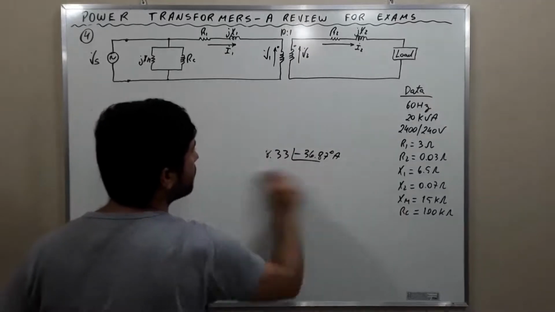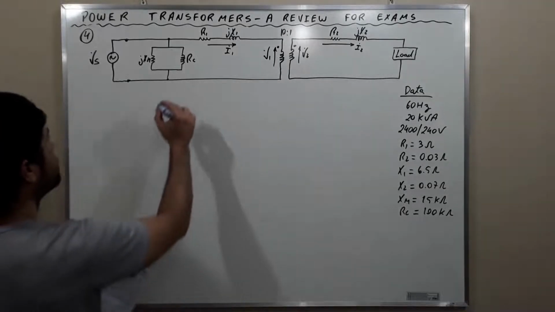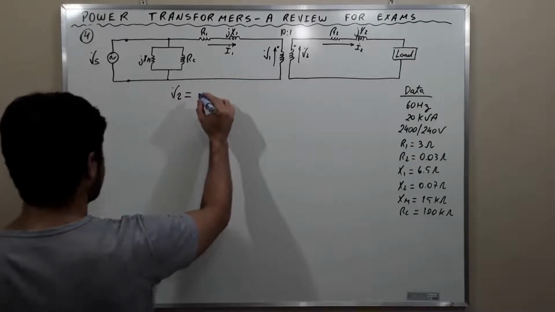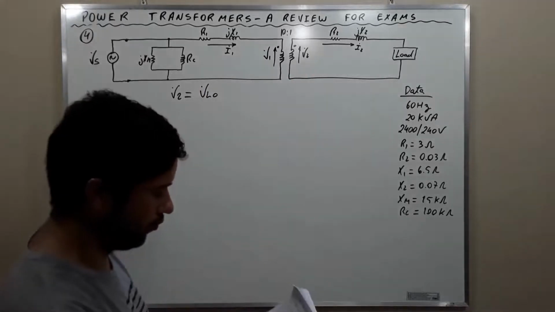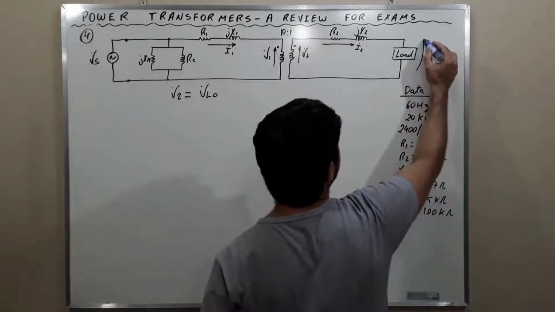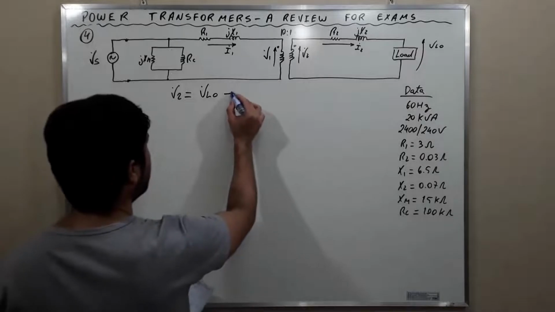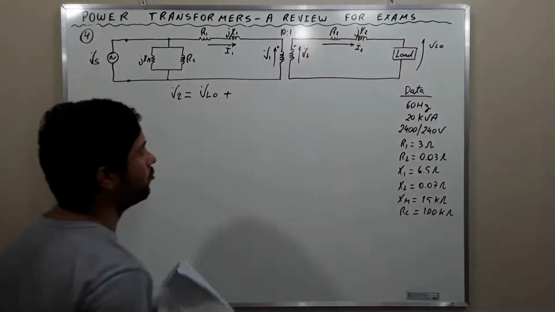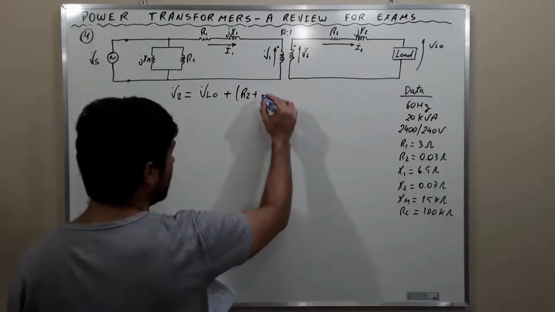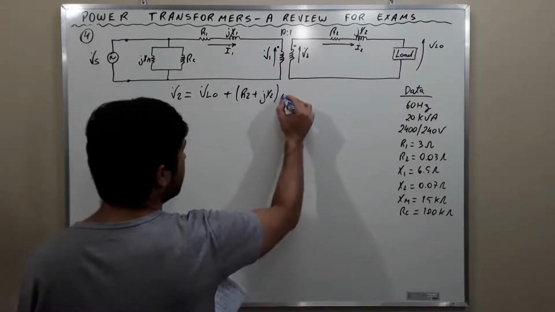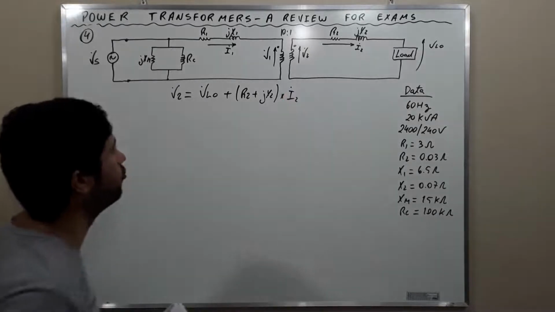And V2 is equal to V load, the voltage of the load, plus the voltage drop caused by I2, (R2 plus jX2) times I2. Alright, this is how we calculate V2.